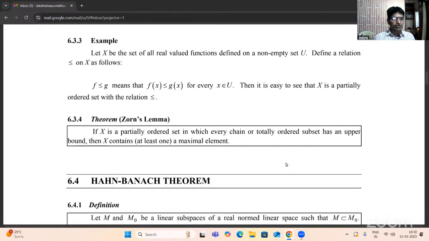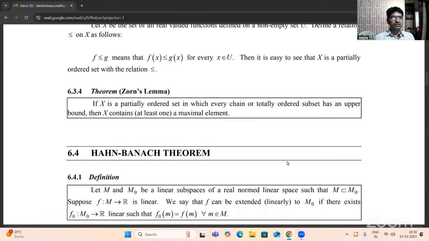Now once again, you have to see here, the Zorn's lemma statement is: if X is a partially ordered set in which every chain or totally ordered subset has an upper bound, then X contains a maximal element. Students, listen carefully here. Zorn's lemma was already discussed in the previous class.